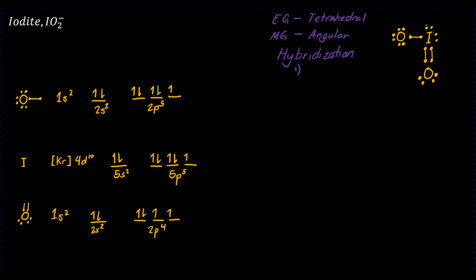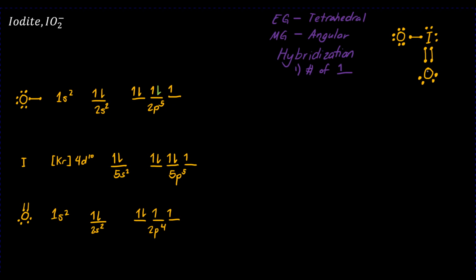First is that an atom will need to prepare, in a molecule or a polyatomic ion, the same number of half-filled orbitals as the number of other atoms it will bond to. That means for oxygen number 1, it only needs 1 half-filled orbital because it is only bonded to 1 atom.